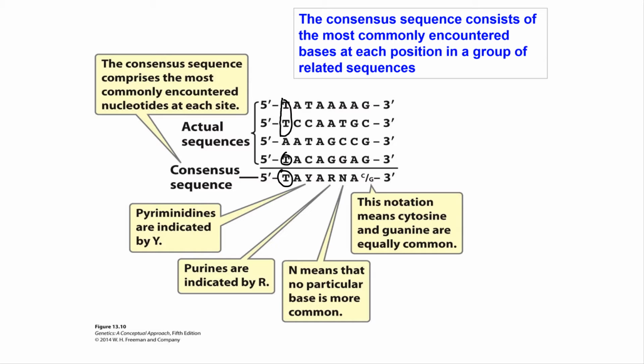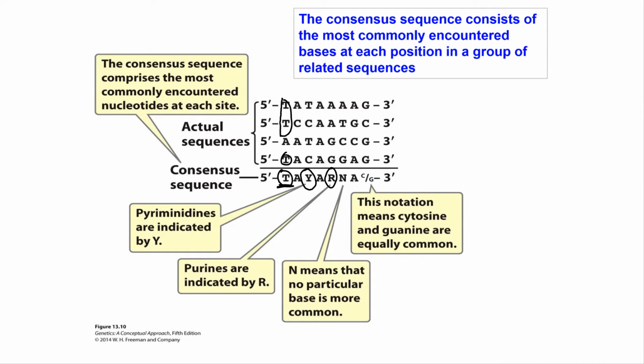If the majority of promoters have a particular base at that position, then that nucleotide takes place in the consensus sequence. The same applies to the second position. Sometimes you can encounter something which is labeled Y. Y refers to any pyrimidine at that position.